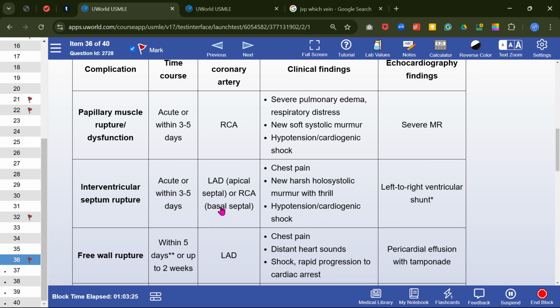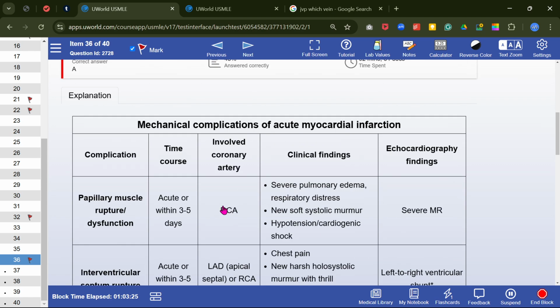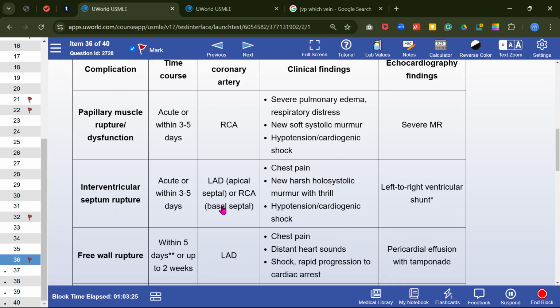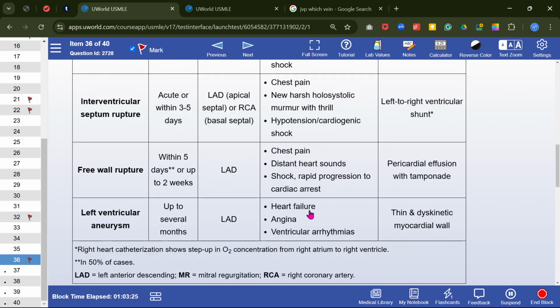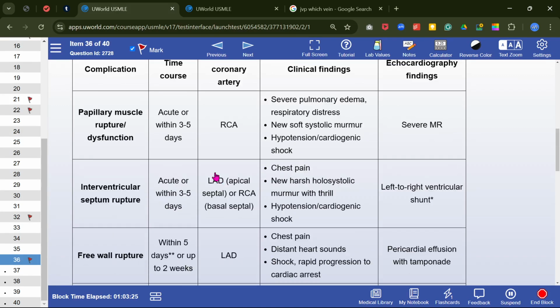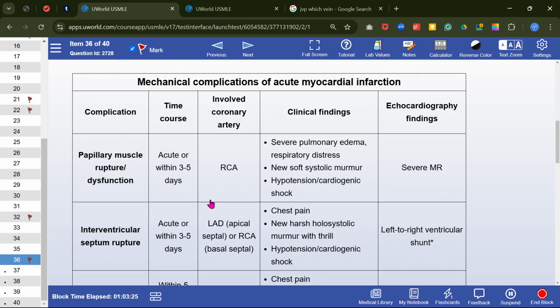Because apart from papillary muscle rupture, every one involves the LAD mostly: interventricular septal rupture, free wall rupture, and left ventricular aneurysm. LAD, left anterior descending artery, is involved, but papillary muscle rupture involves the RCA. Got it?